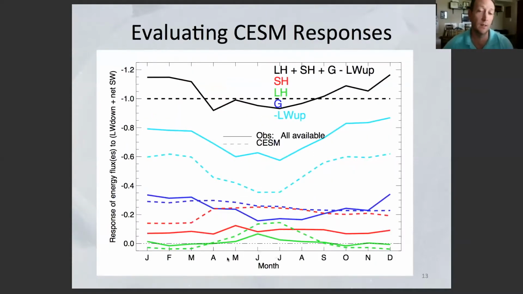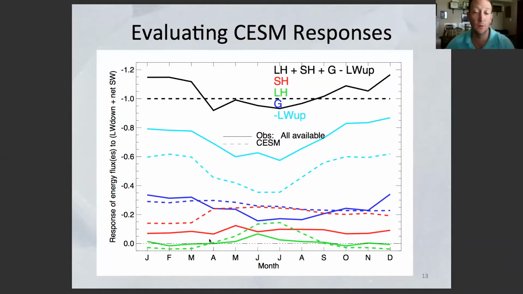And so looking at the process-based relationships and the various responses of these terms, you see the observations again are in the solid lines, and now we have the model in the dashed lines. You see that the longwave up response, kind of a proxy for the surface temperature response, is lower than what we're seeing in the observations.